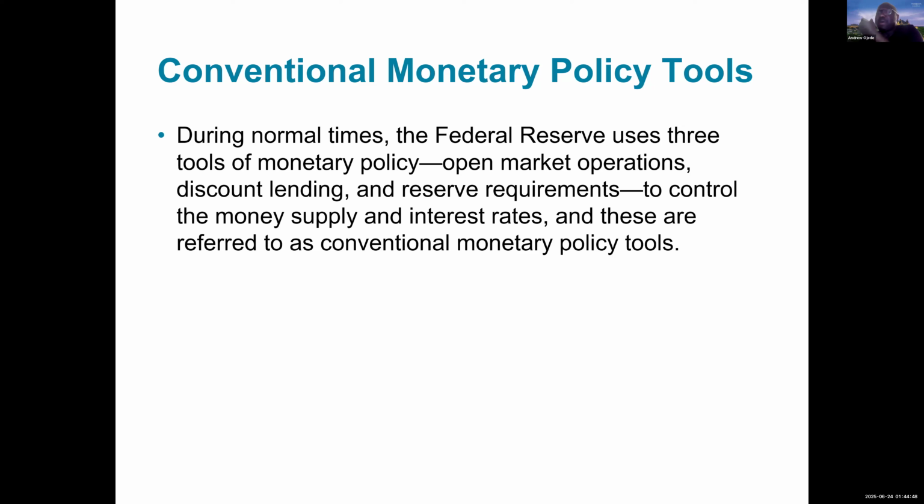Tools such as open market purchases, like buying treasury bonds or treasury securities, would be the ideal tool, because doing that means the Fed is going to lower the interest rate, because buying bonds leads to an increase in money supply and a decrease in the what? In the interest rate.